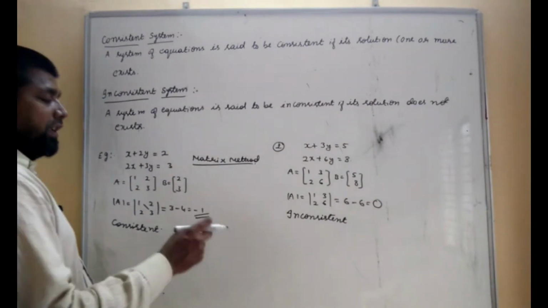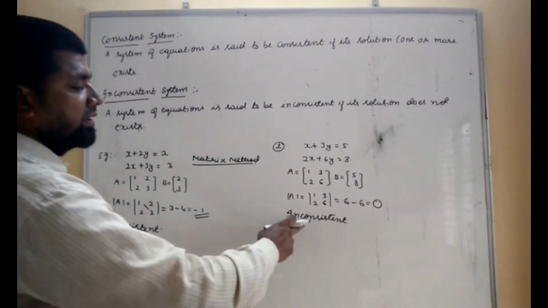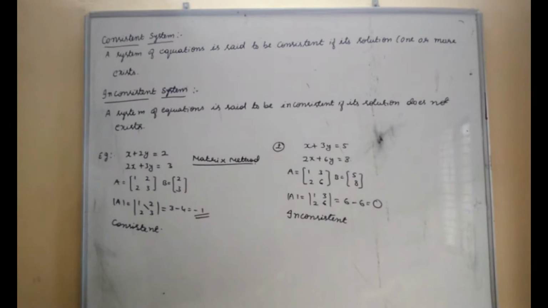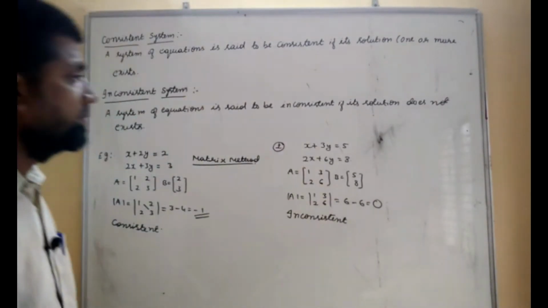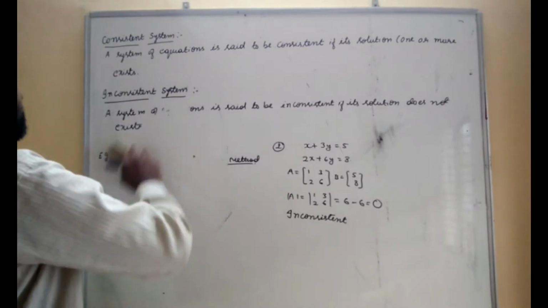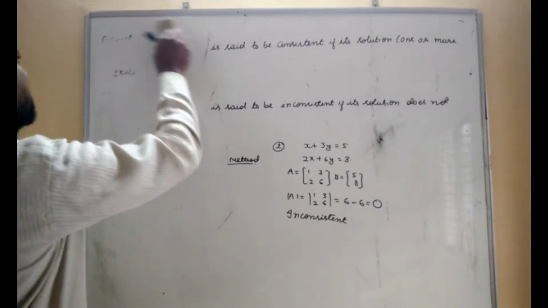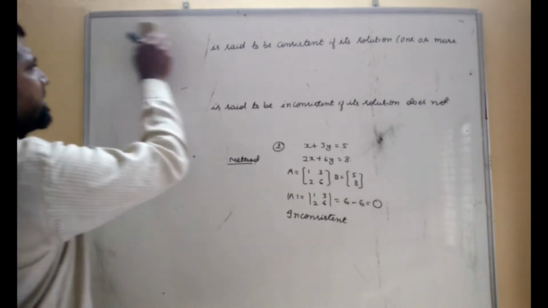So if you are getting consistent, we can further solve by matrix method. If you are getting inconsistent, we cannot solve by matrix method. Okay, let us go for the next type, that is the matrix method. Let us take the example. So in your exercise 4.6, he has given the first main. You have to find the consistent and inconsistent.